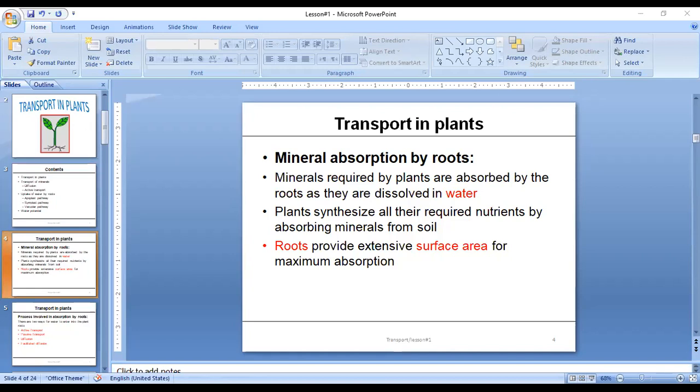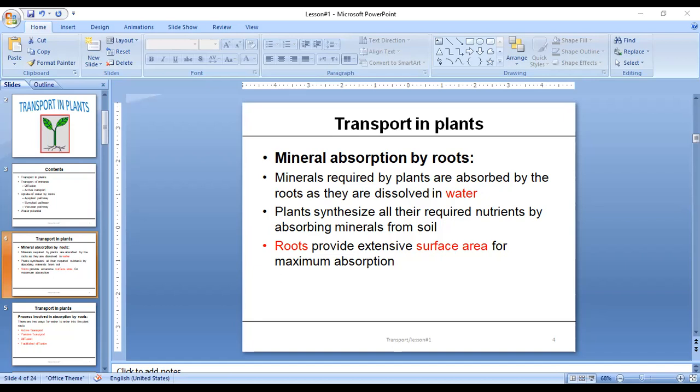Okay, and these minerals that are required by plants are absorbed by the roots as they are dissolved in water. The minerals, the microelements, the macroelements, the trace elements, all those elements that we have already studied in chapter 2 and in the beginning of chapter 10, they are all available to the plant through the soil water, dissolved in the water.